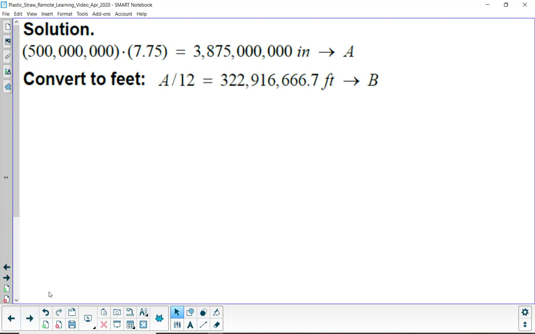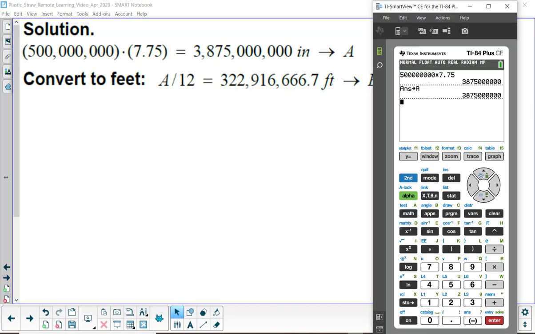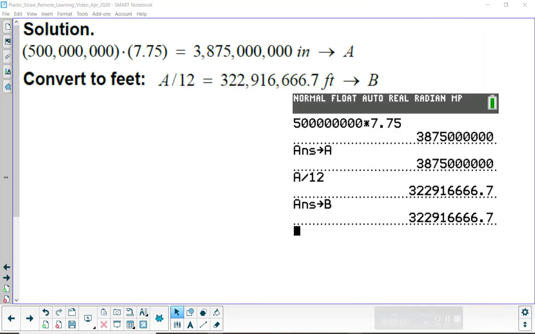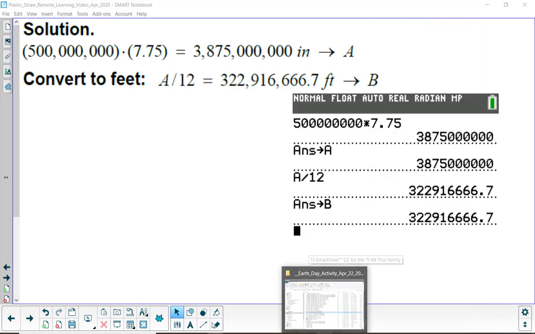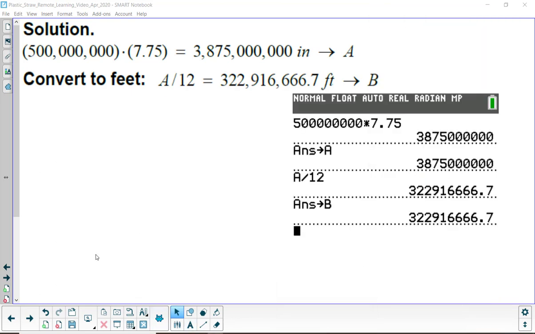We need to convert that to feet, so I need to divide what's in A by 12. So let's bring up the calculator for that. Alpha math to get the A, divide by 12, enter, and that's in feet. And I'm going to store that into alpha apps for the letter B. And now B has that value in it. And there's the screenshot for that.